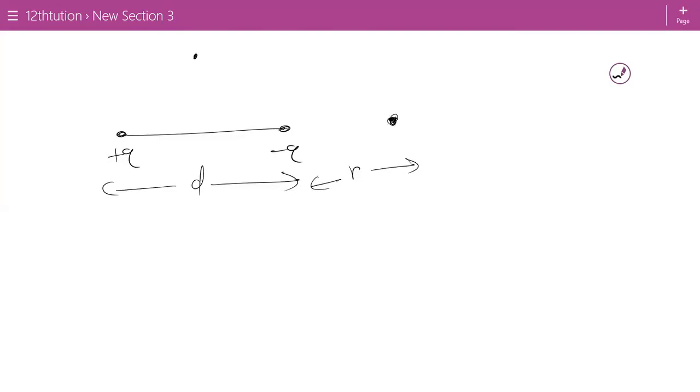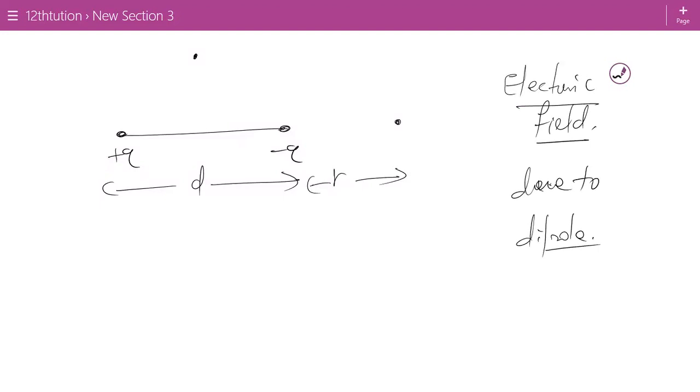For the force you have to put a charge, of course, but the electric field we can calculate without putting the charge. At R distance away, there is the electric field. The formula of electric field is kq by r square, the distance square.